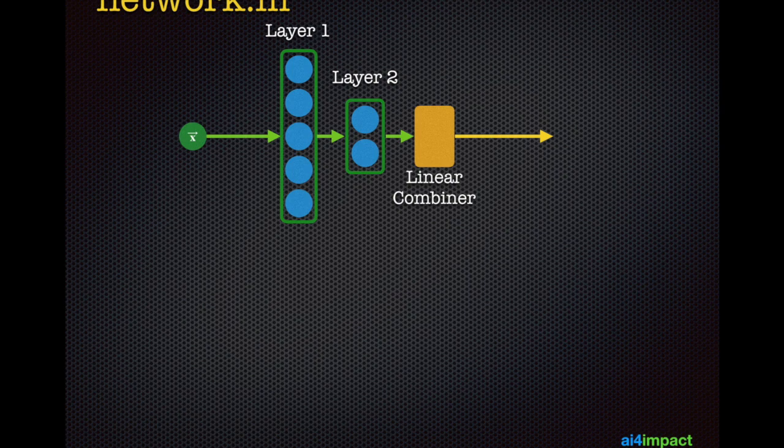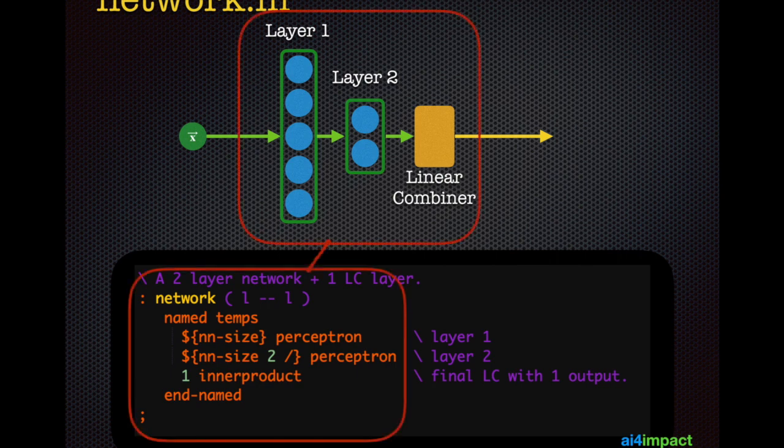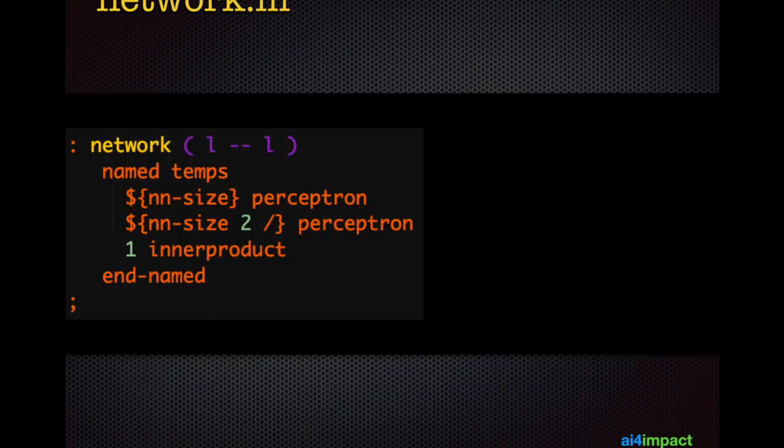This is a 2-layer network with a linear combiner. This corresponds to the definition shown below. Notice that the definition contains a name called NN size. This name is contained in config.m.